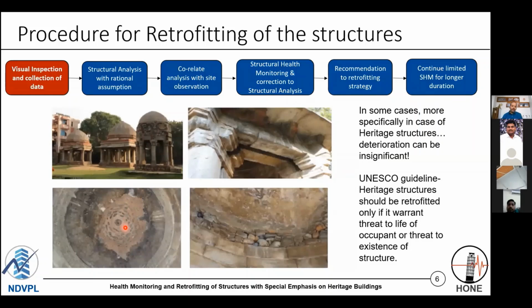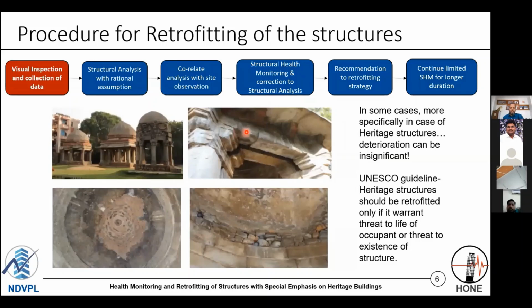This removal of plaster, is it a threat to the structure, a threat to the occupant? These small pockets are not a threat to the occupants or the structure. In such cases, UNESCO guidelines specifically say that you should not do any retrofitting to this structure. These structures are in fact very beautiful in their original form.